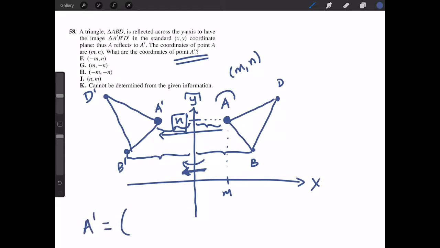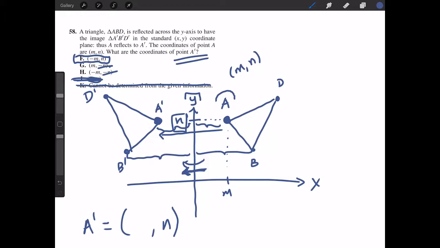Therefore, A prime is going to have, comma, n, the same n value, now with the same positive sign. So that right away tells us that F seems to be right, because G is negative n, H is negative n, J is reversing the values, which makes no sense in this prompt, and K cannot be determined, that's false.